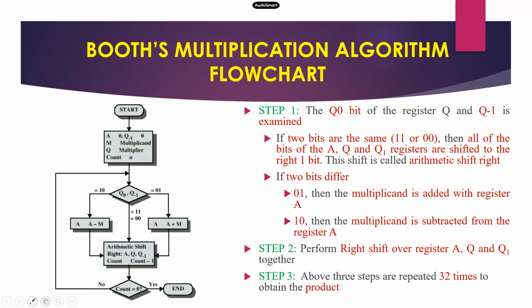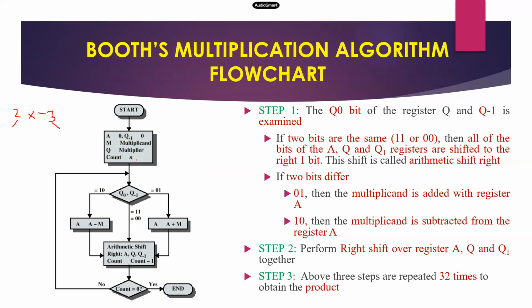So for example, 2 into minus 3. The 2 is called the multiplicand, and minus 3 is called the multiplier. The multiplier is stored into the register Q, and the multiplicand is stored into the register M.